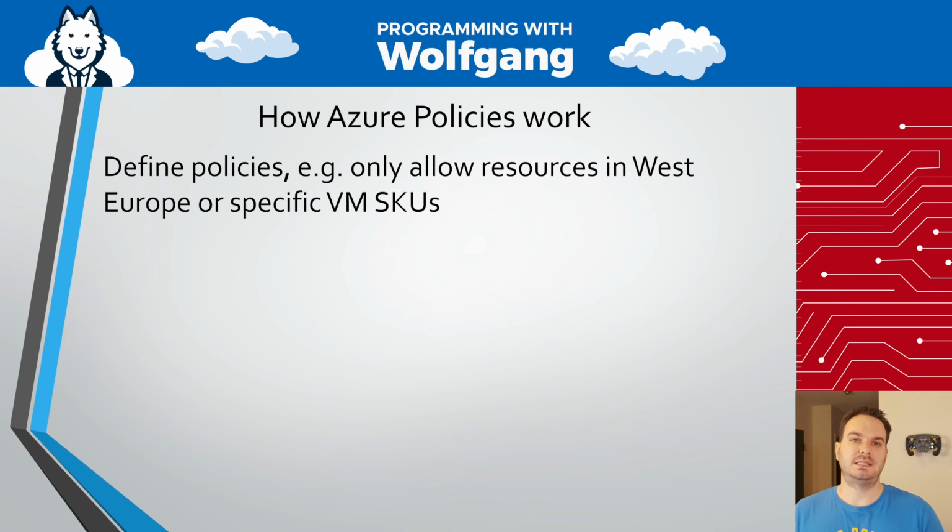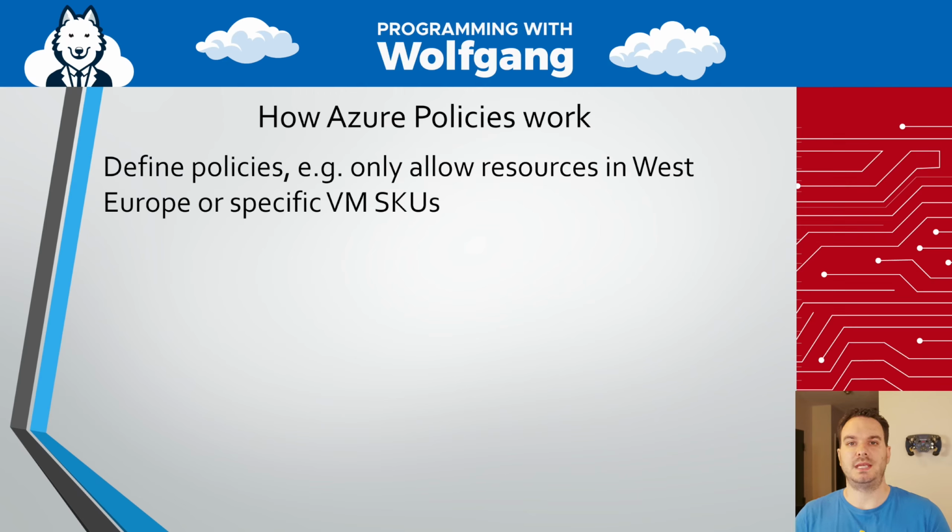This makes sense if this is a requirement, especially a legal requirement. If I'm a company that has to have all the resources in Europe, for example for data protection, then this might make sense. Another policy could be that I only want to allow the creation of specific SKUs of VMs.